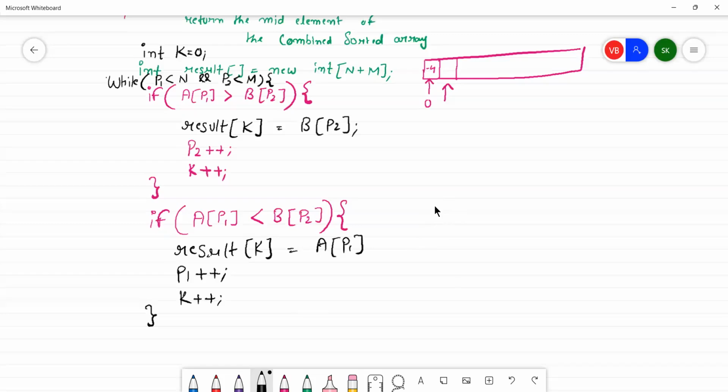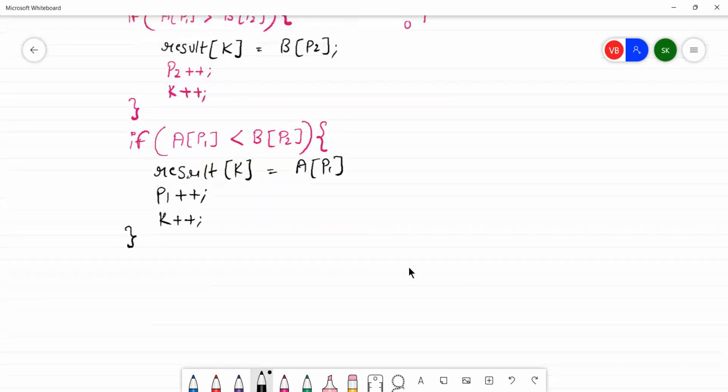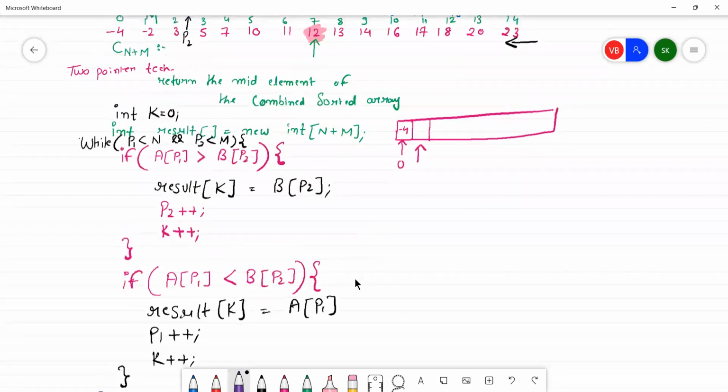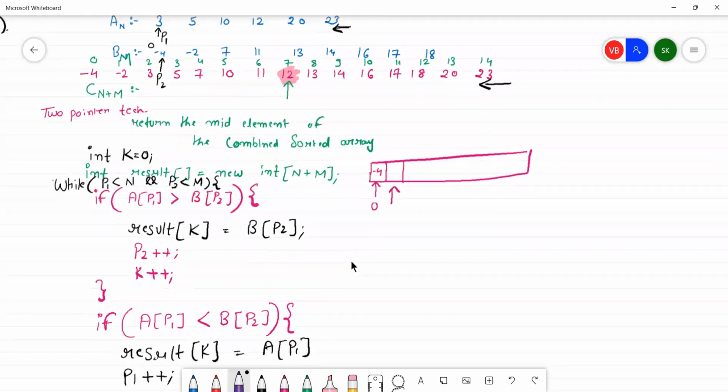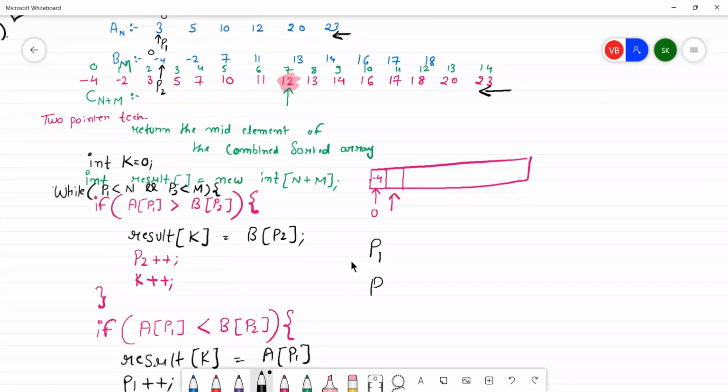Now, you can just close your while loop. We will see how it is working so that we can get a better idea. So for the very first time, I will just write down all the values. P1 is at 0, P2 is at 0, and K is also at 0. Okay.